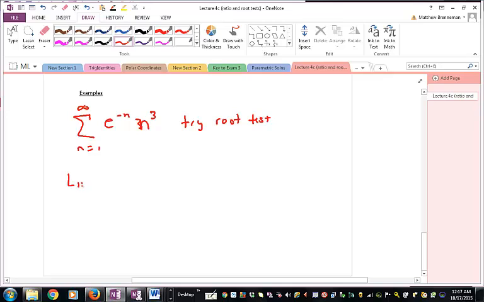So we're going to take the limit as n goes to infinity of the nth root of the nth term. And when we do that, I'm going to split this up like this.